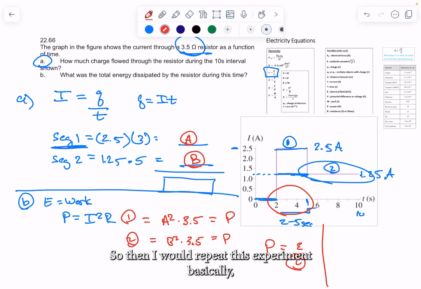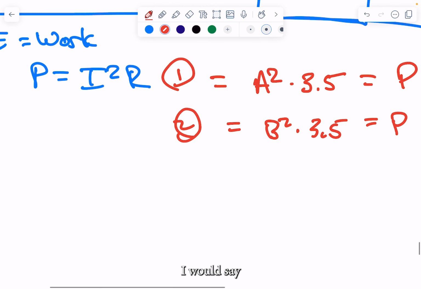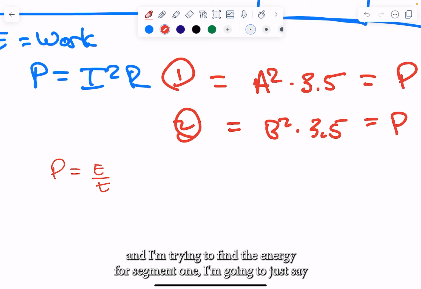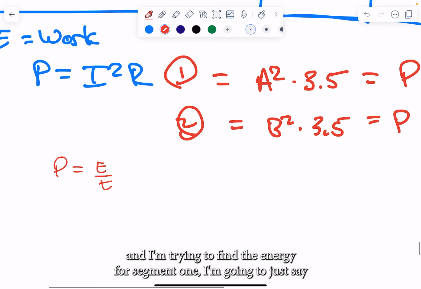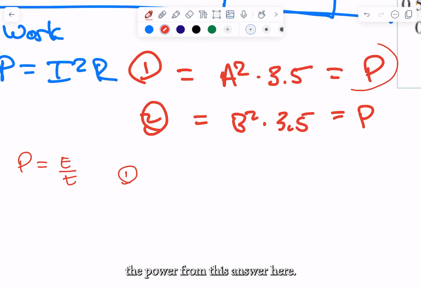So then I would repeat this experiment, basically. If power is equal to energy over time, and I'm trying to find the energy for segment 1, I'm going to just say the power from this answer here.